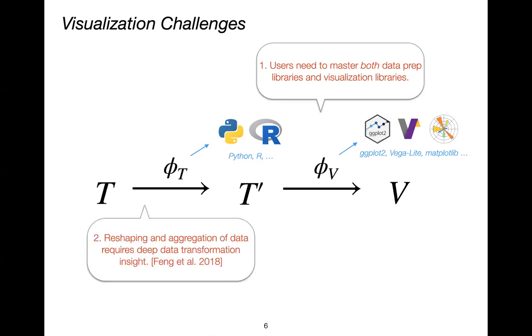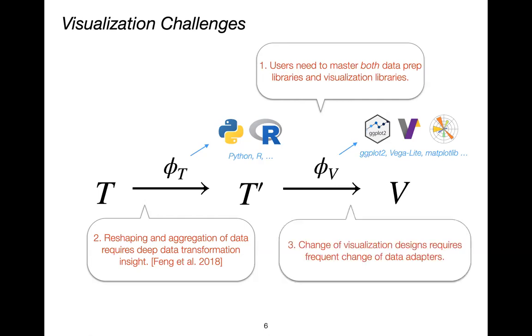Especially for data transformation, it may seem pretty easy when you see someone do it, but when you are actually trying to do it, it's not that clear sometimes because you don't know what the resulting shape looks like. In a previous study, which mostly focused on analyzing experimental data, reshaping and aggregation of data actually required a lot of practice in data transformation to be able to do it properly.